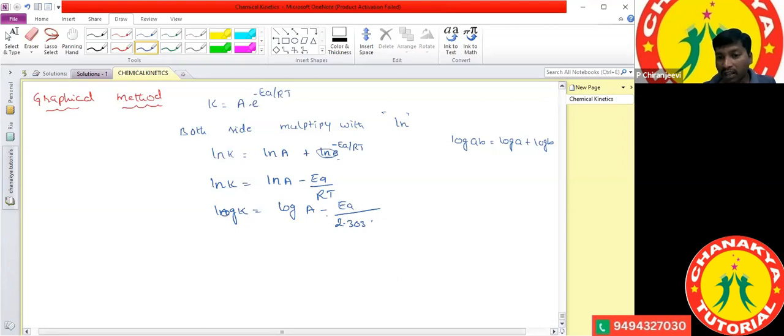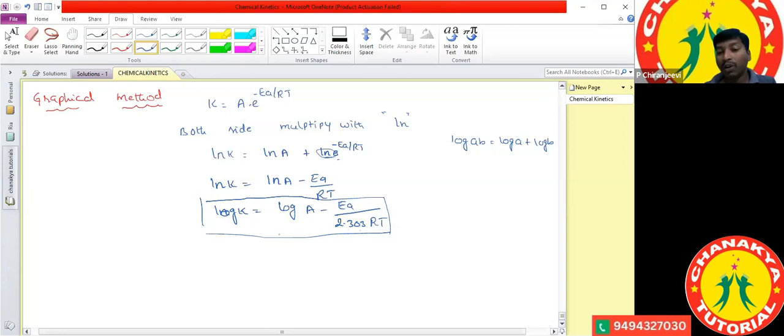So log K is equal to log A minus Ea by 2.303 RT. This is the final formula we are getting here after converting to log base 10.